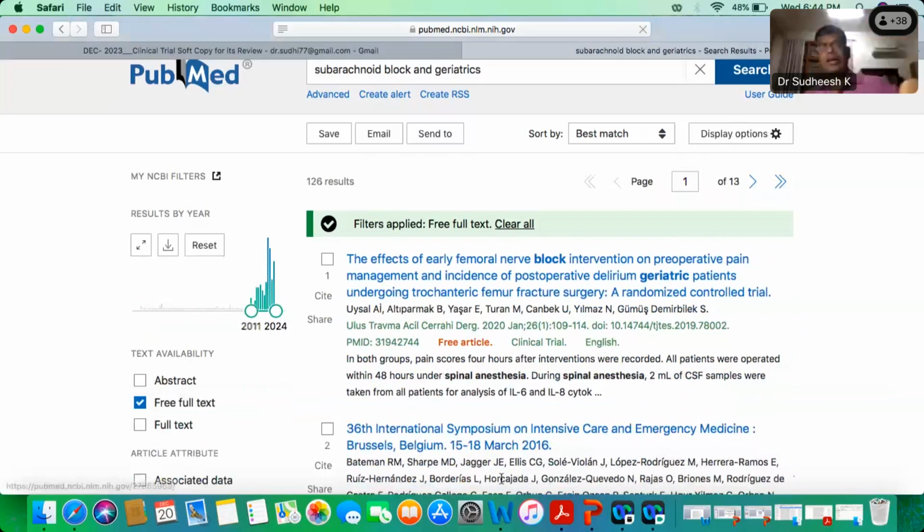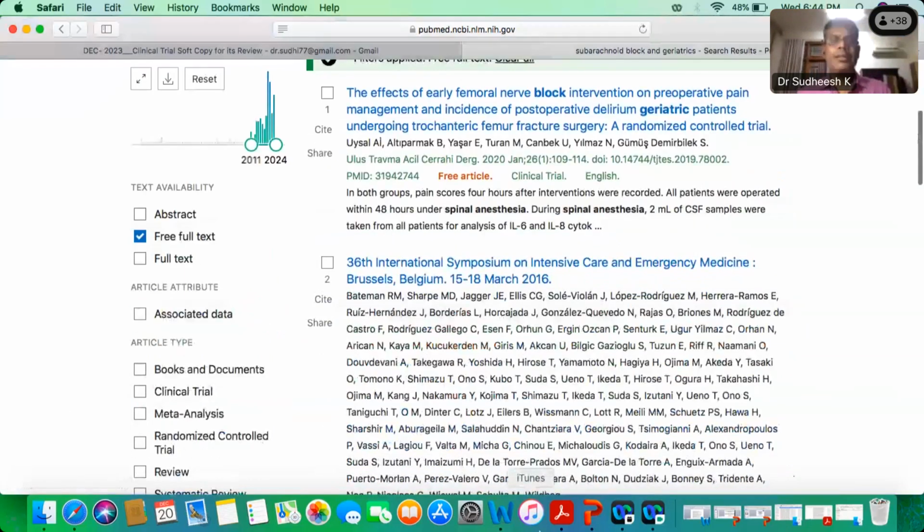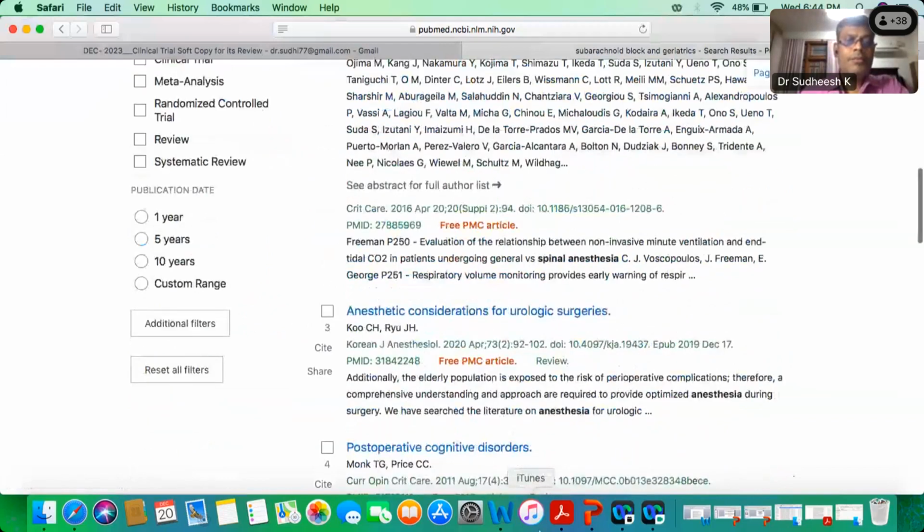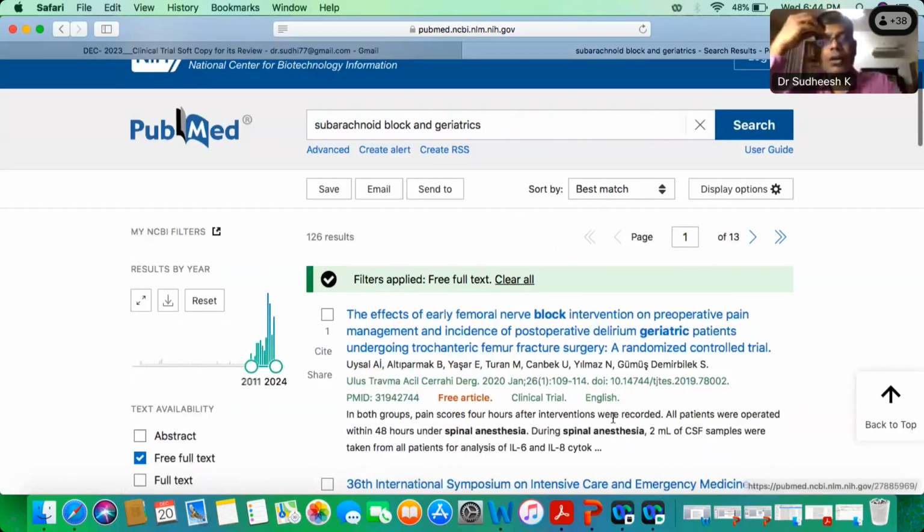These are the articles related to my area of interest, that is subarachnoid block and geriatrics. From this I can select the article and go ahead with my research work. That's how we usually search for our literature.